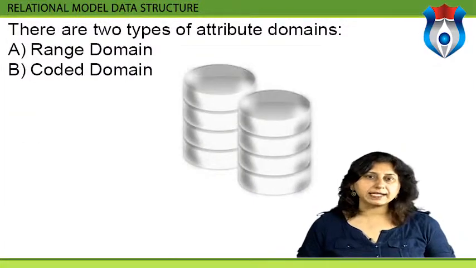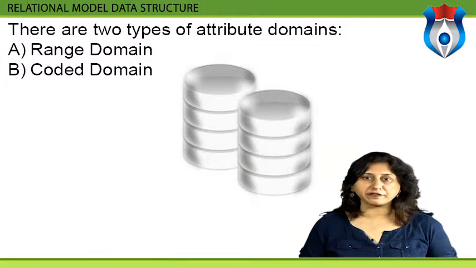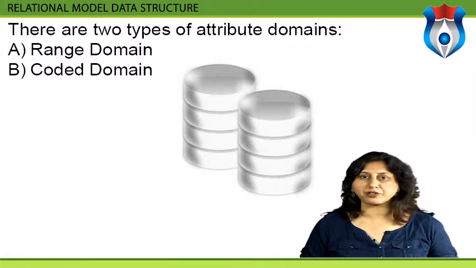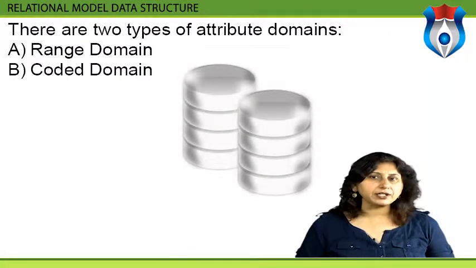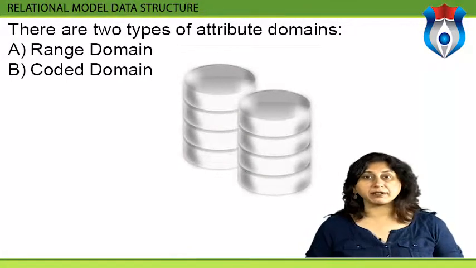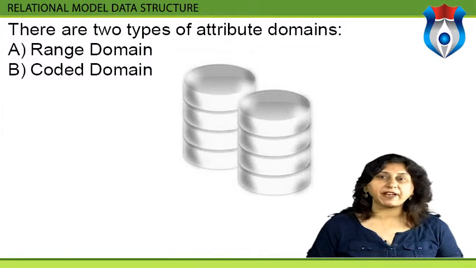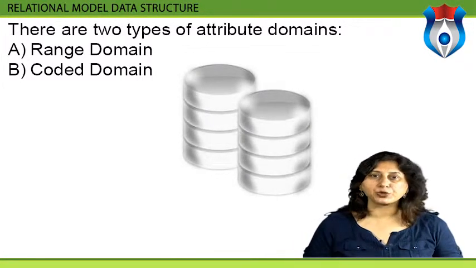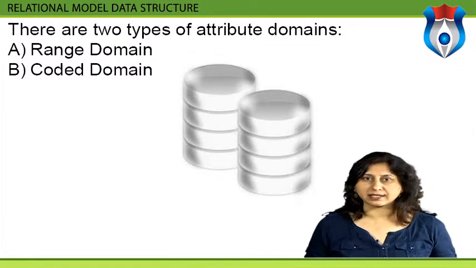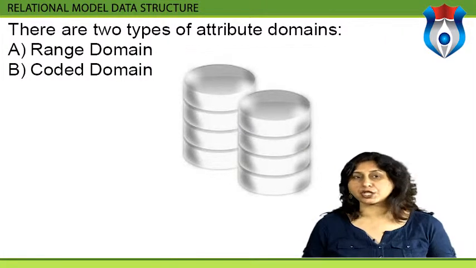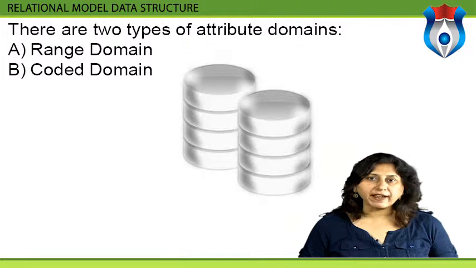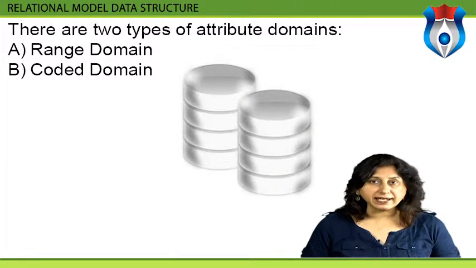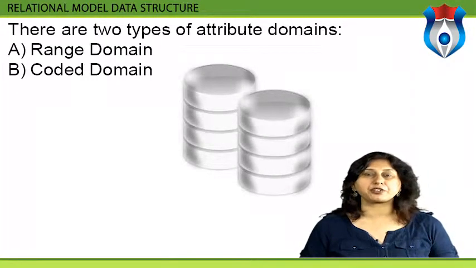A range domain specifies a valid range of values for a numeric attribute. When creating a range domain, we enter a minimum and maximum valid value. A coded value domain can apply to any type of attribute: text, numeric, date, and so on. Coded value domains specify a valid set of values for an attribute.